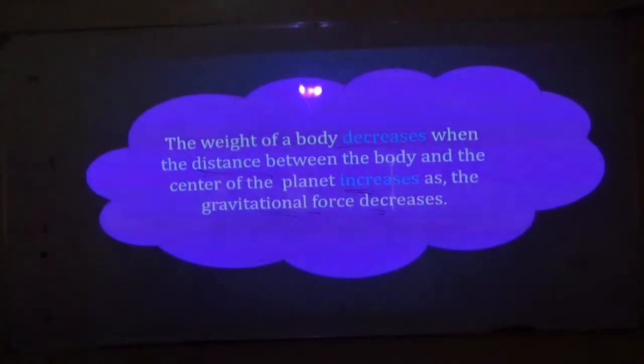We are still attracted. If you move up, you are still attracted to the center of the earth, but the gravity will decrease as you move away. I can say I'm escaping from the effect of gravity, but I'm still attracted. I'm just decreasing the ability of the earth to attract my body downward, okay?